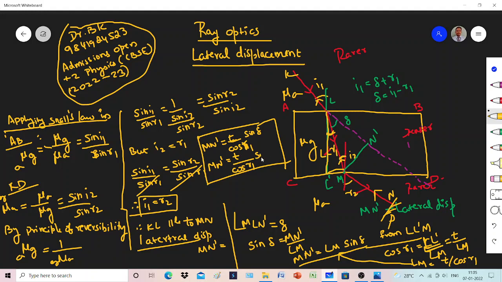And instead of this delta, I already told the value of delta is I1 minus R1. So it will become I1 minus R1. Okay. So I am writing this expression here. MN dash is equal to T by cos R1 sine of, okay, I1 minus R1. This is the expression for lateral displacement.